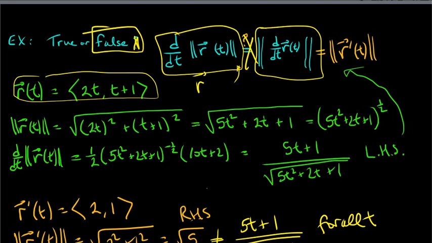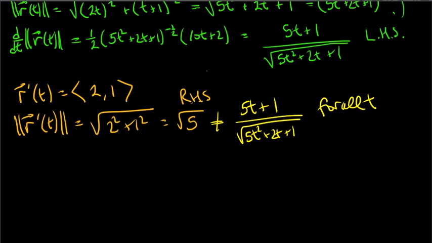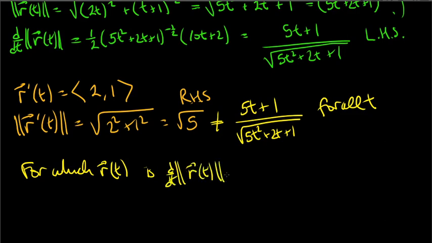So that would be a challenge problem, right? For what r of t is the magnitude of the derivative... well, I think I got it backwards. I want the derivative of the magnitude of r. When does that equal the magnitude of the derivative of r?